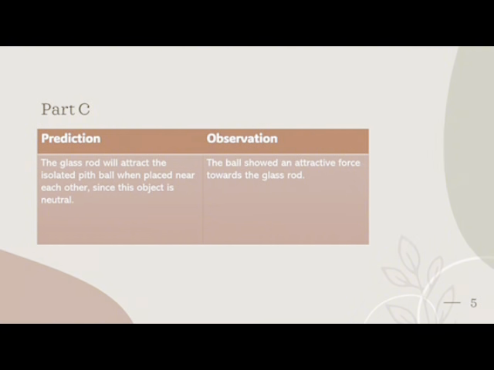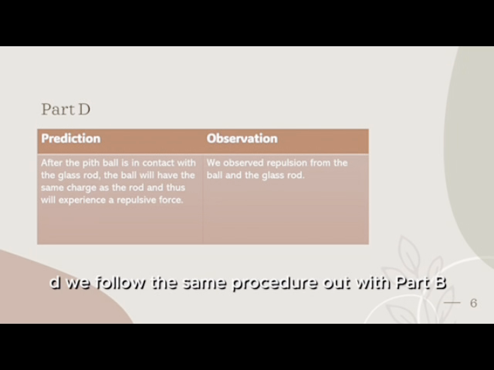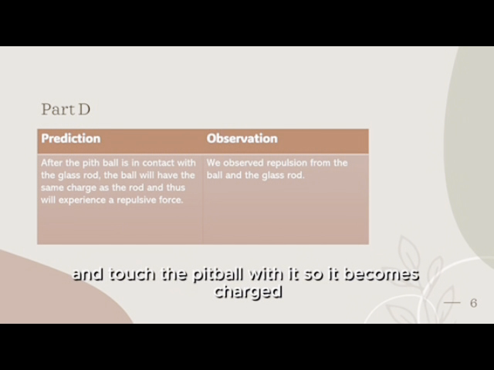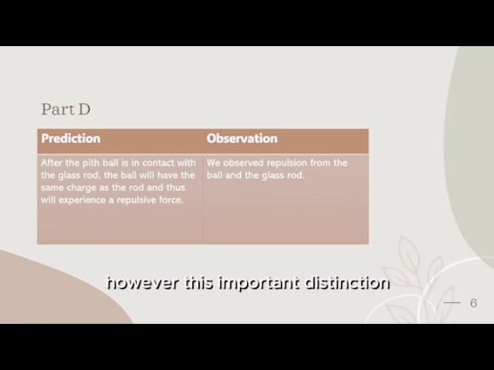D, we follow the same procedure as with part B, that is, charge the glass rod, place it and touch the pith ball with it so it becomes charged. However, the important distinction is that this ball is not grounded, so it will retain the charge of the glass rod once it was touched.